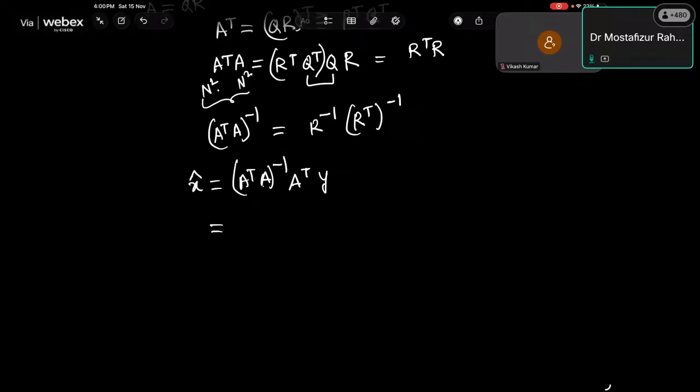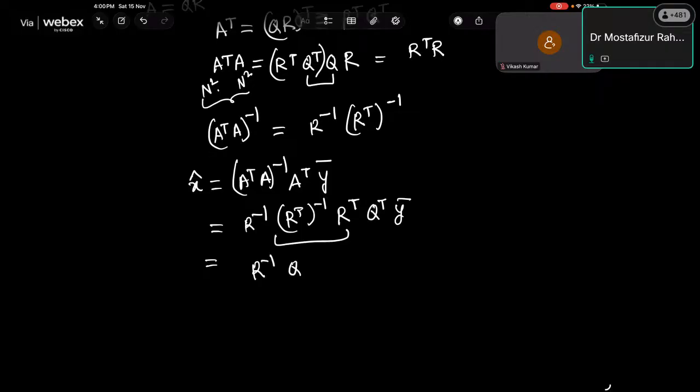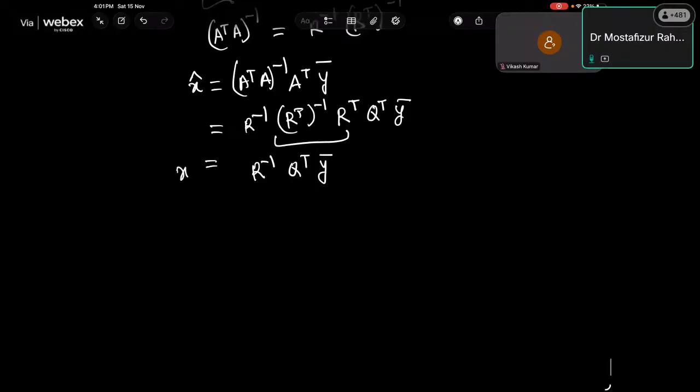If I put all in terms of Q and R, A transpose A whole inverse is R inverse and R transpose inverse, and A transpose is basically R transpose Q transpose, into y. So this part becomes identity. So it is R inverse, Q transpose, and y. So simplified, right?